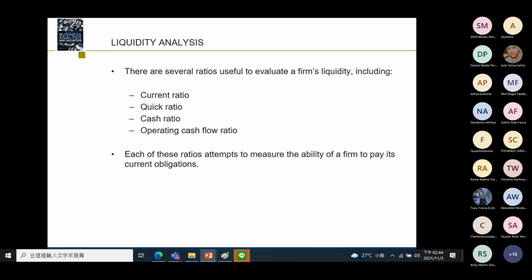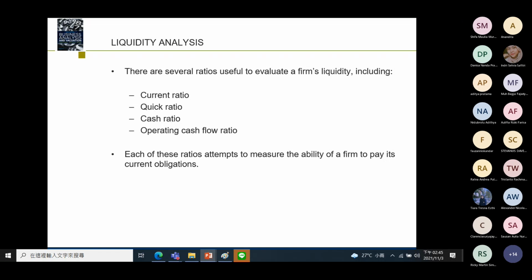Cash ratio is defined as cash and cash equivalents over current liabilities. Operating cash flow ratio is defined as cash flow from operations over current liabilities. All these ratios attempt to measure the firm's ability to repay its current liabilities.